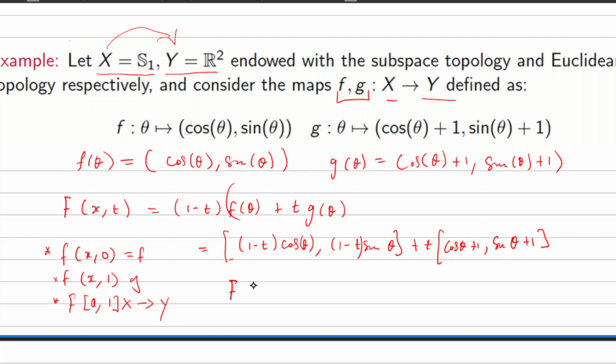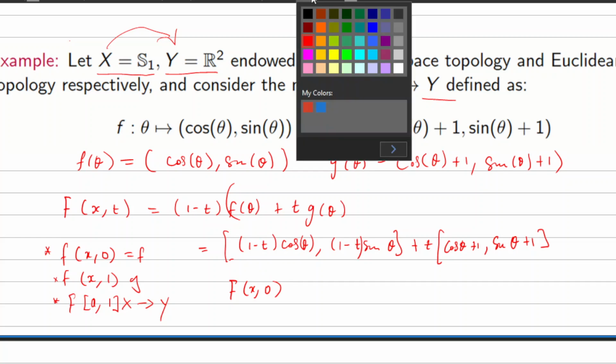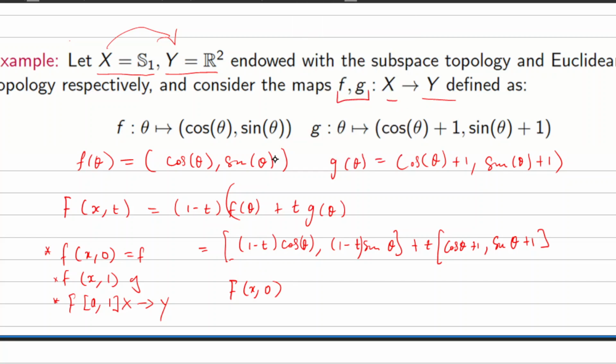Let's see if we get f at time equals 0. So where there is t, we put 0. If we put 0 here, we remain with 1. We put 0 here, we remain with 1. And this 0 will cancel this out.